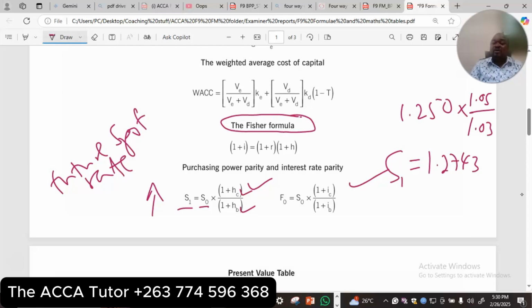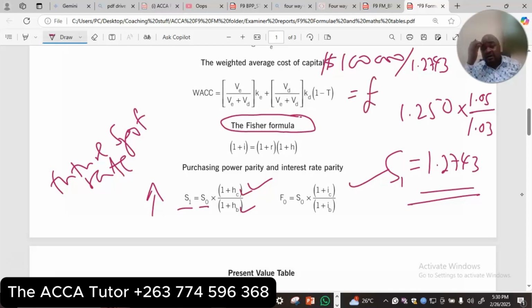Okay, so because the rate has increased, if we were going to receive, let's say, 100,000 receipts, it means we are now going to use a larger spot rate of 1.2743, which will give us very few. If the base currency is pounds, it simply means that we are going to receive very few pounds.